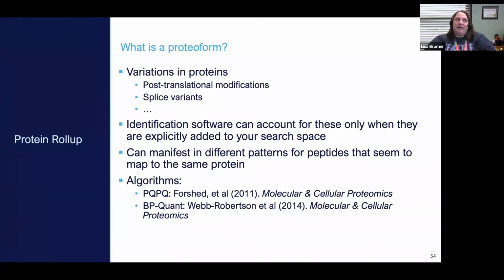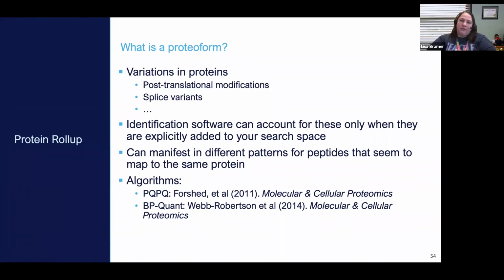And the key there is that targeted proteomics data sets tend to have very little to no missing data. And for things like shotgun proteomics, like we've been talking about, the bottom up, we definitely have missing values. So as an alternative to PQPQ, we have an algorithm called BP-Quant, which is applied in pmartR.